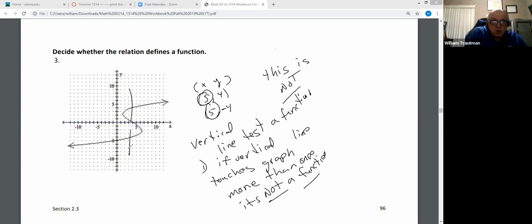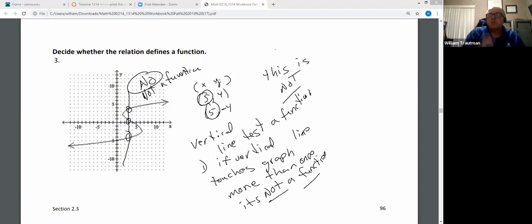Watch this. I draw a vertical line right here. It's touching here, it's touching here, it's touching there. No, not a function. You can't draw the vertical line over here. You got to try to touch more than one spot. If I draw a vertical line straight up and down, do you see how it touches more than one spot? So it's not a function.